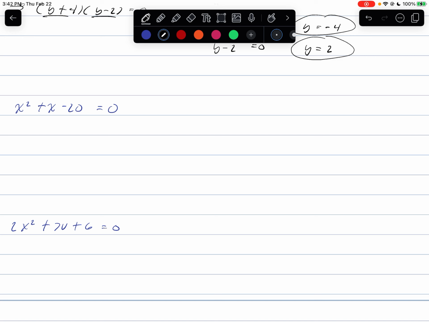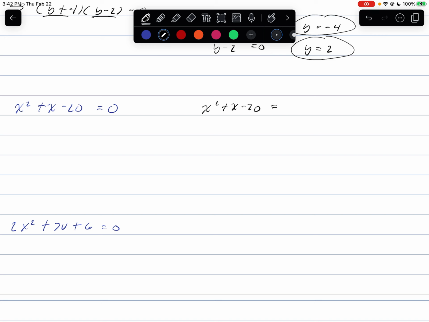Now let's take a look at this one. Here we have x squared plus x minus 20 is equal to 0. So it's set equal to 0, so we're good there. And now all we have to do is factor the left-hand side here. So we need to find two numbers that multiply together to give us negative 20 and add together to give us 1.